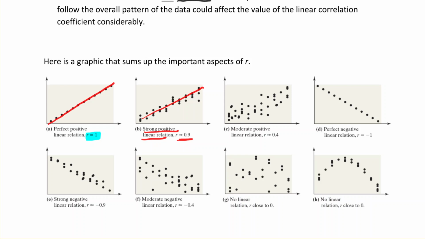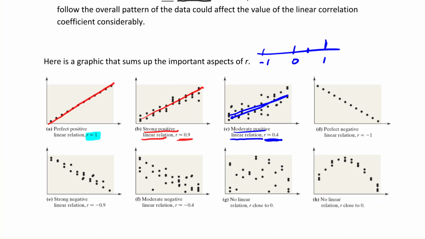First, is it linear or not? And if it is, is it strong, moderate or weak? Here, moderate positive, 0.4. So you can think of 0, negative 1, 1. We can think that 0.4 is more positive. It's moderate positive. A straight line can fit here, but still the data is somewhat scattered, spread around the straight line.